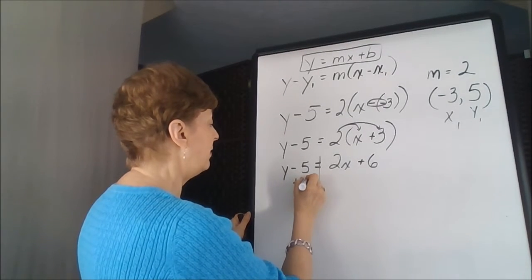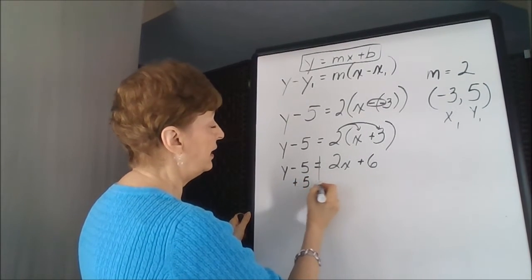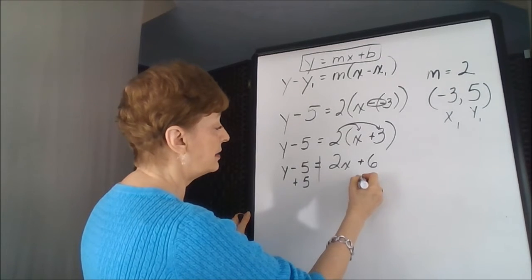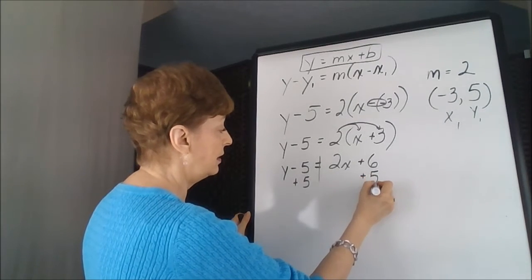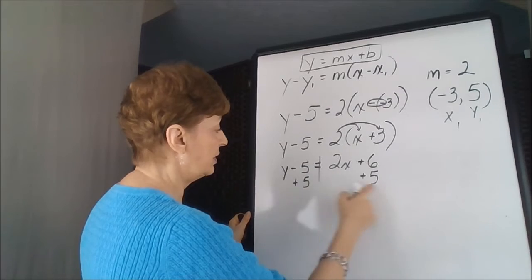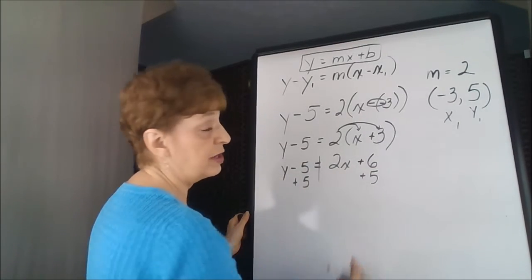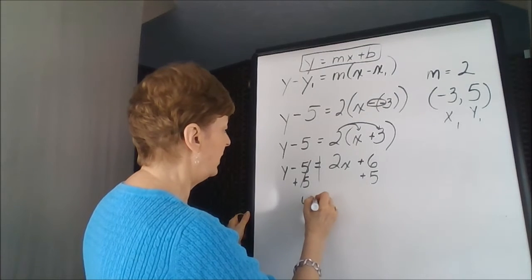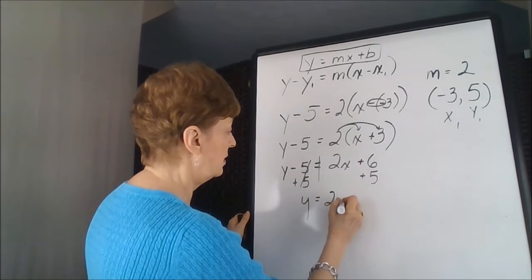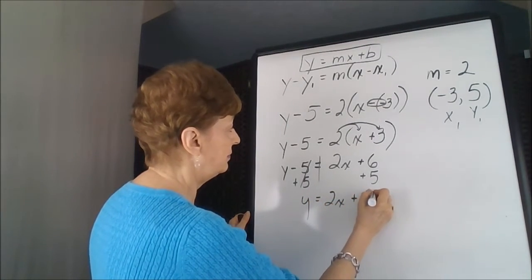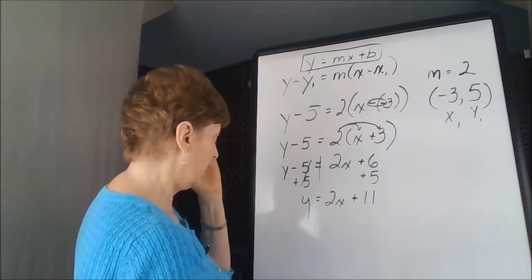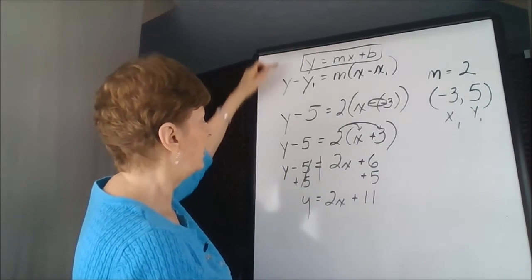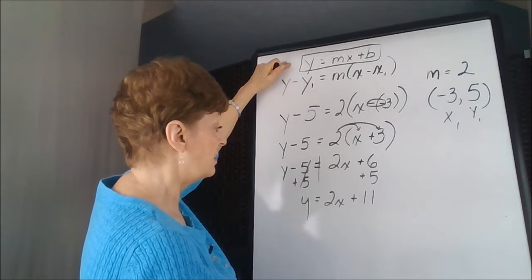So we'll add 5 to both sides. Over here, we're just going to add it to the constant because that's the same. These are similar values. Y is equal to 2x plus 11. And now we have our formula in y equals mx plus b.